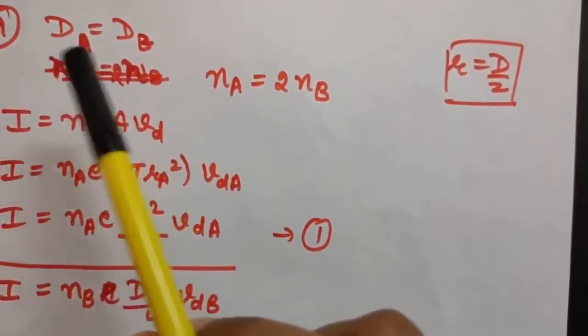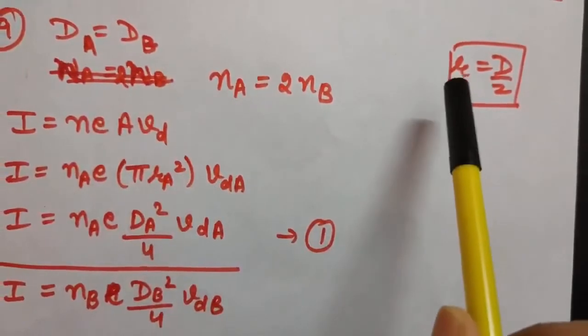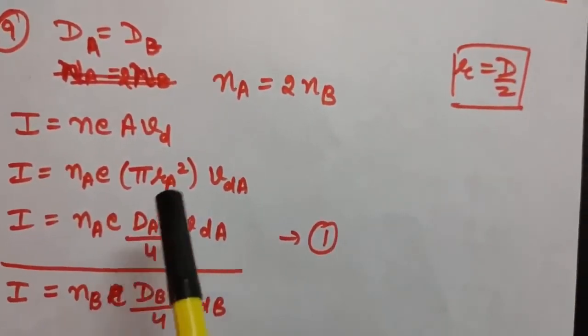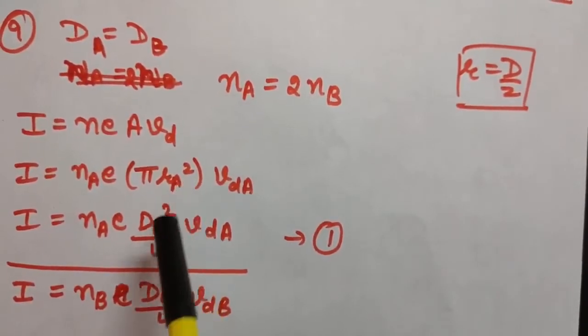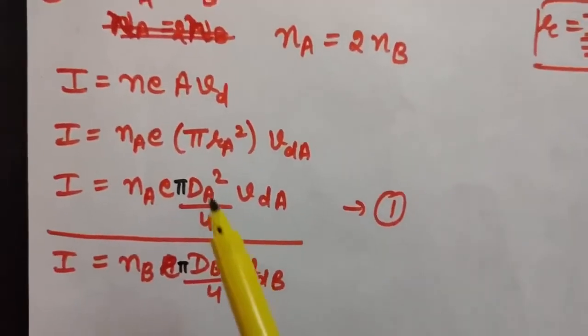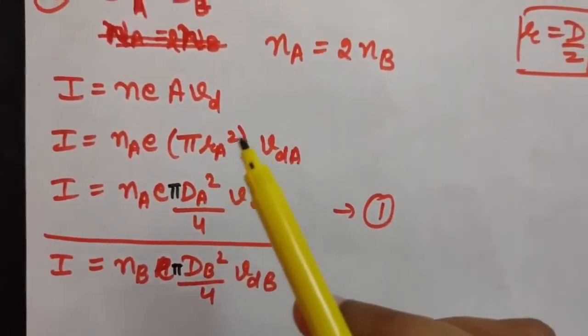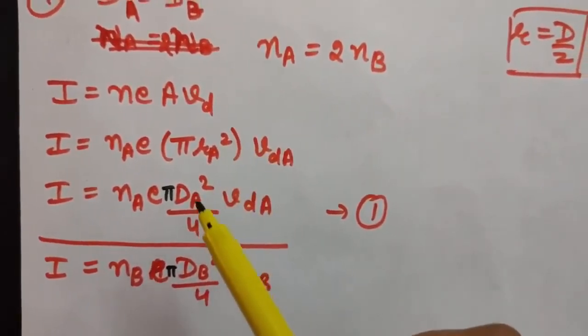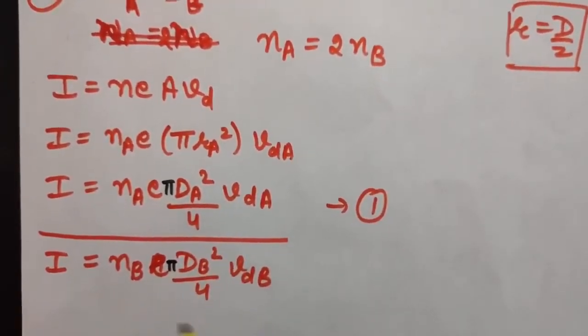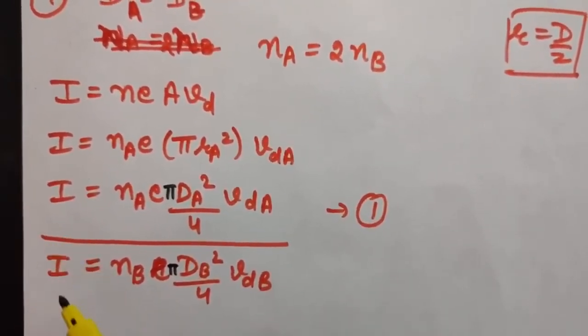So now because we are given the same diameter, radius is half of the diameter. So just put the value of radius here. So NAE pi, radius is d by 2, square of radius will be d square upon 4, into VdA. I am dividing this equation by the equation for wire B. So I will remain the same.